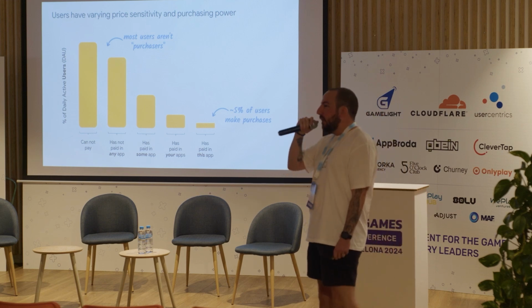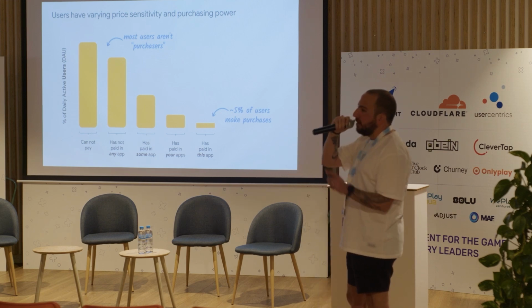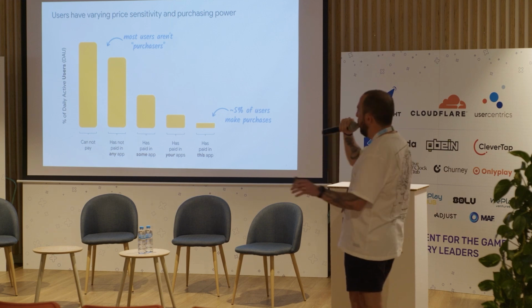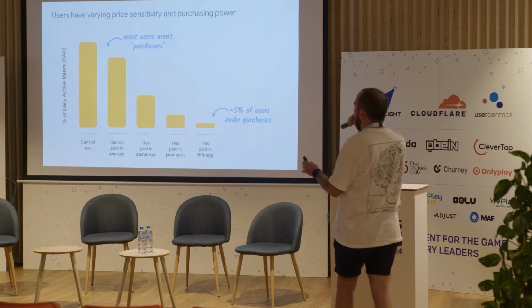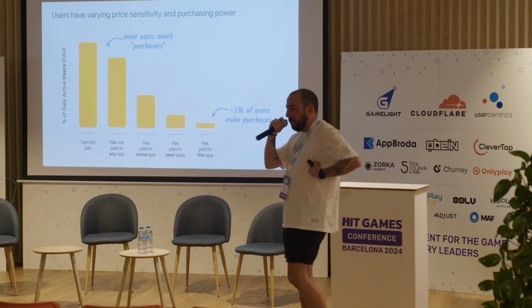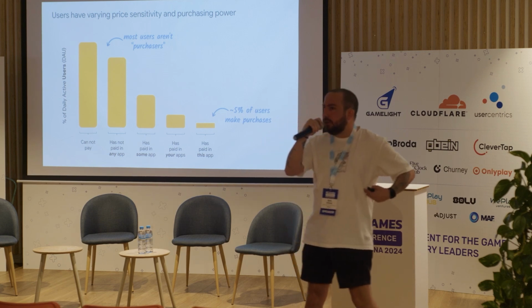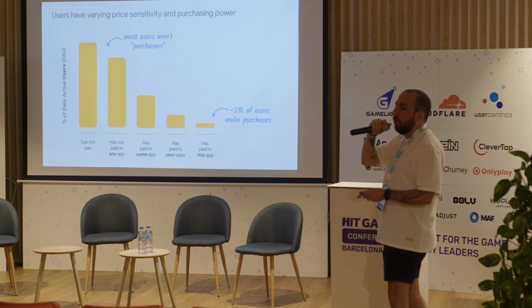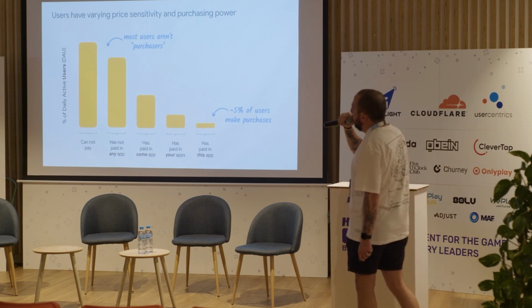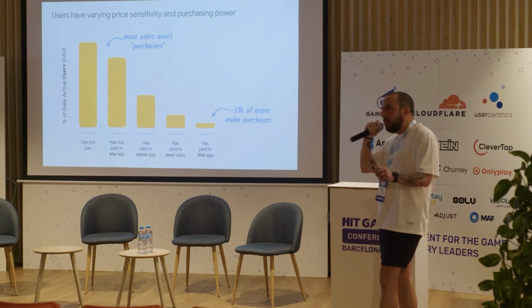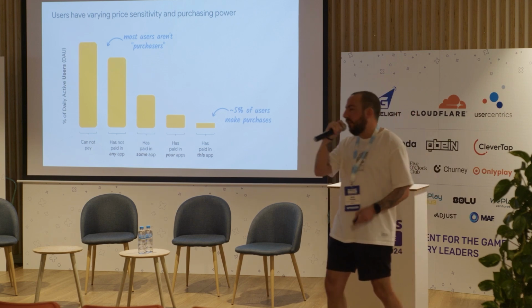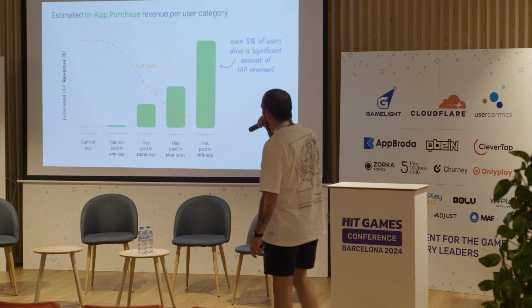So this is the data that we have as Google from all around the world. The best that you can get on average is 5%. I've heard of 10%, but I've never heard of more than 10%. So at best, you're monetizing only 10% of your users and not monetizing 90 to 95%.